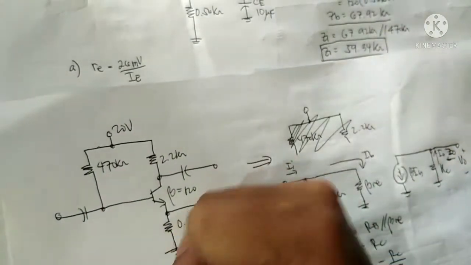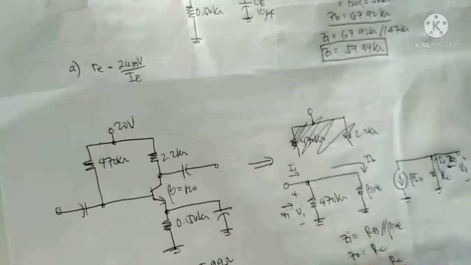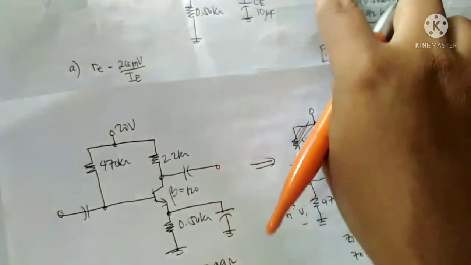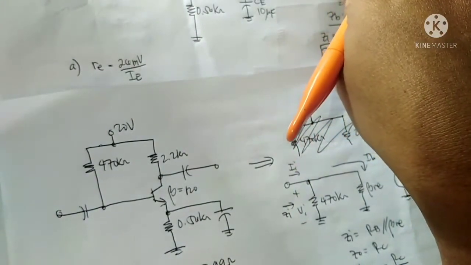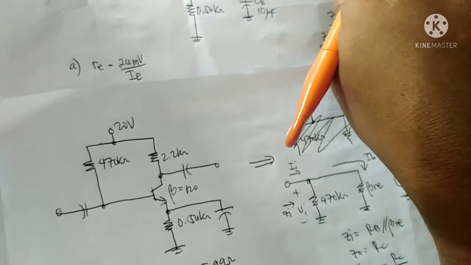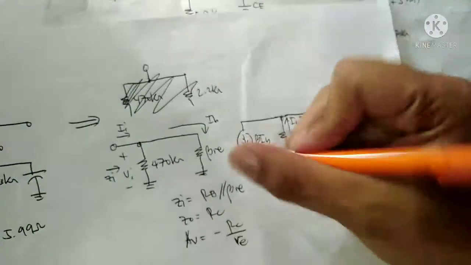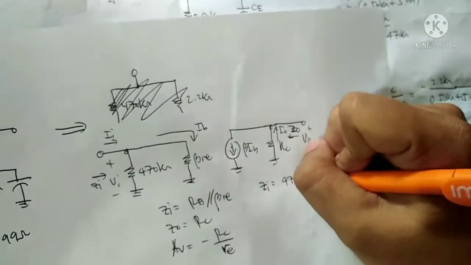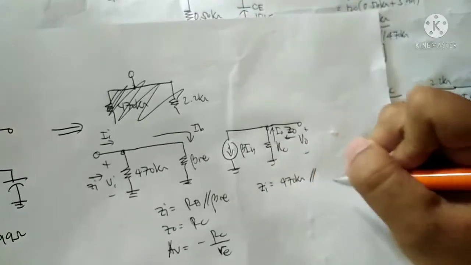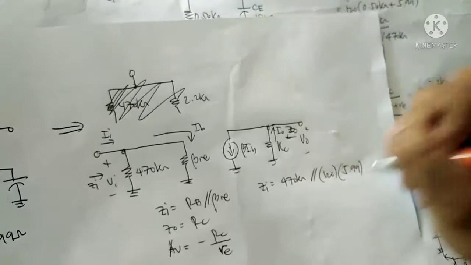Therefore, this is equal to 5.99 ohms. Since in DC analysis it is the same, we computed the emitter current, which is 4.34. So the same emitter current, the same R sub E, but the formula in AC analysis is different. So therefore, ZI is equal to 470k parallel with 120 times 5.99.